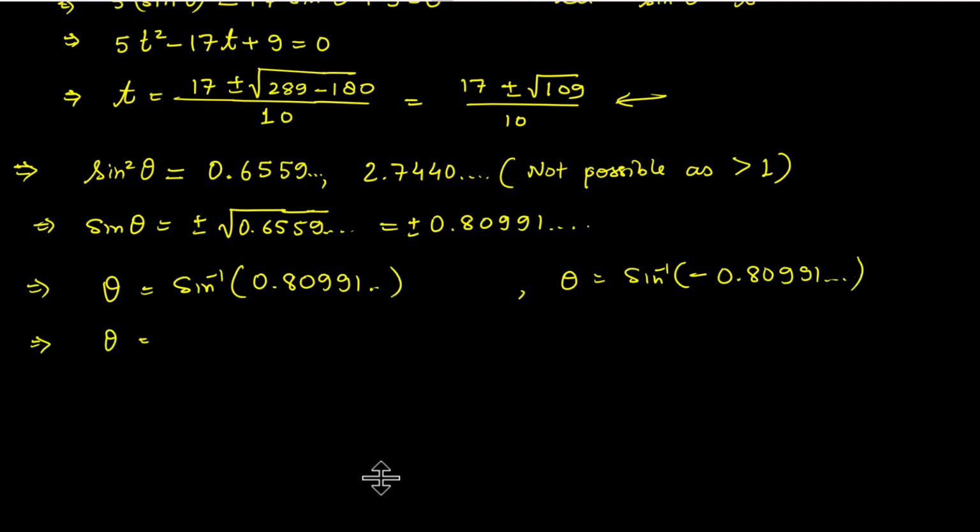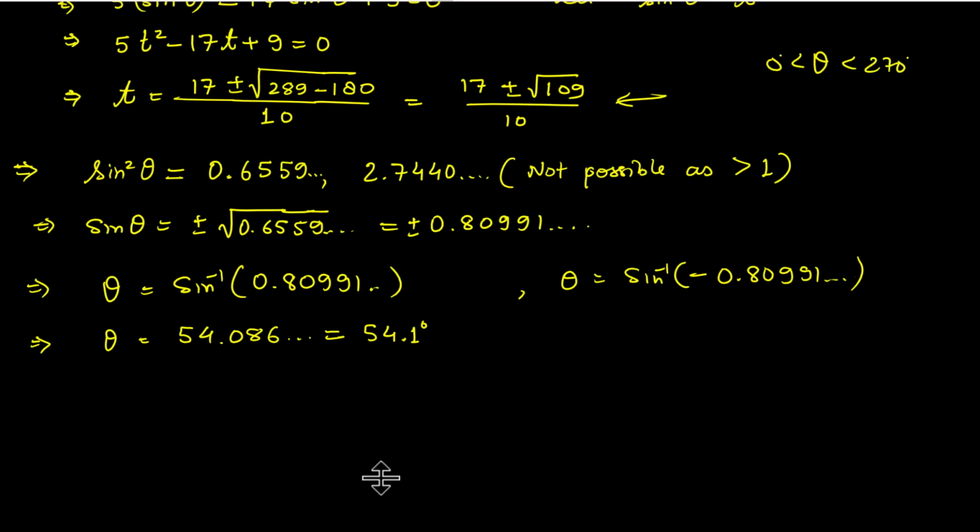This value is coming as 54.086 and so on. Till 1 decimal place, because we are giving the angle, it can be written as 54.1 degrees, and the range for theta was between 0 and 270 degrees.